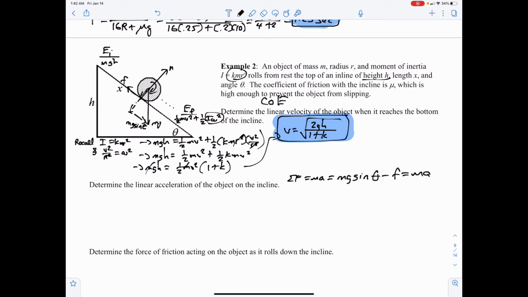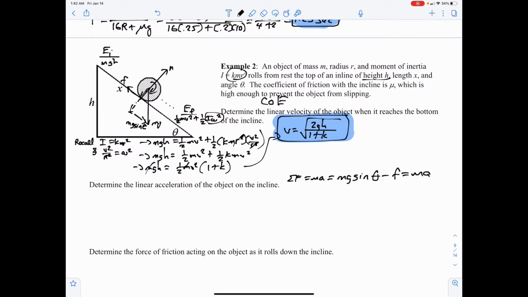Okay, but herein lies the problem. I see.